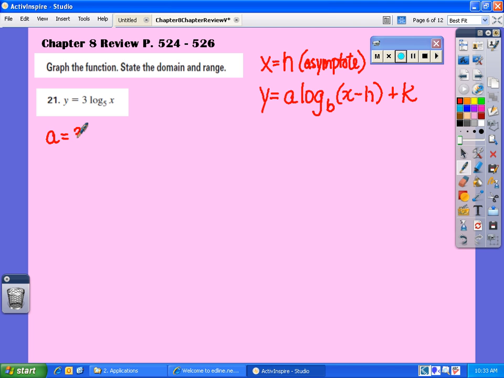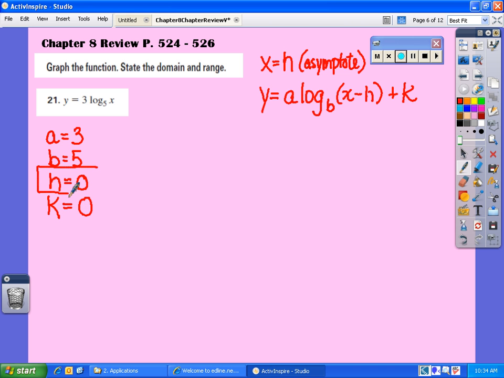Our a value here is 3, which is going to represent a vertical stretch as always. Our base, or our b value, is equal to 5. Our h is 0. And k, notice, is also 0.